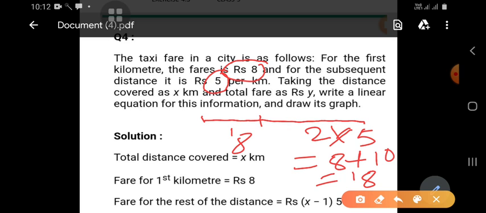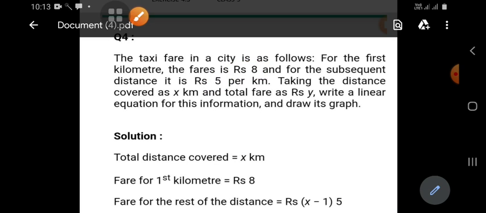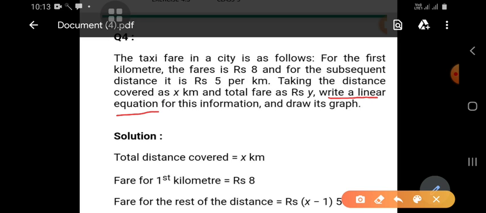Look here, this is the main thing. If you understand this, then you can answer it. Now, which thing do you have to find out? You have to write a linear equation. How can you make the linear equation?